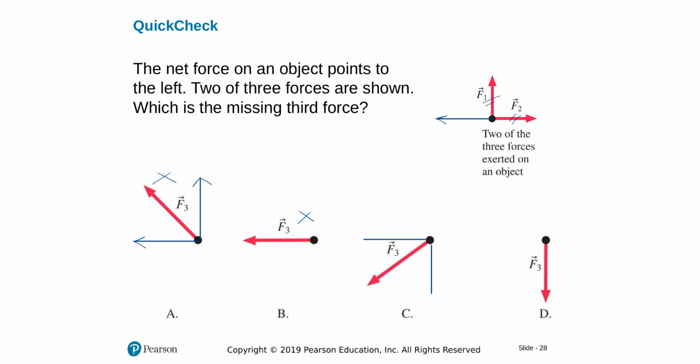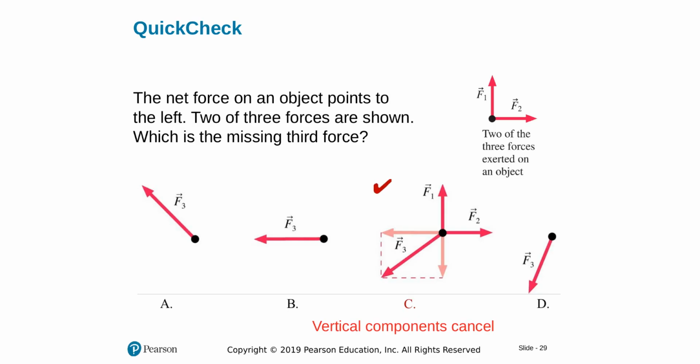And I can see that the left component is a bit larger than F2, so it can cancel F2 and give us a little bit left over, so the net force is to the left. So this one will work. D will not work because it can only cancel F1 but not F2, so it's not D. So our answer is C.